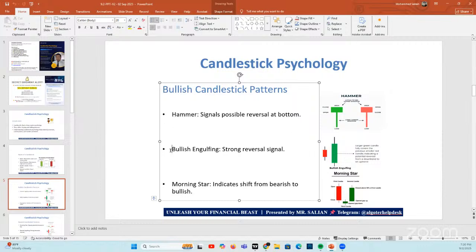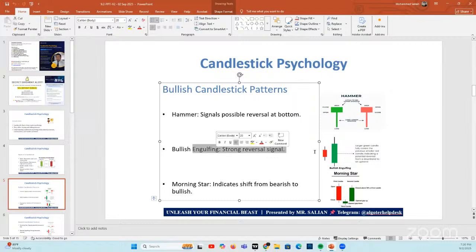Also one of my favorites, the bullish engulfing. It is a very strong reversal signal. So this candle completely engulfs that red candle on its left side. A longer green candle fully covers the previous smaller red candle, indicating a potential reversal from a downtrend to an uptrend.